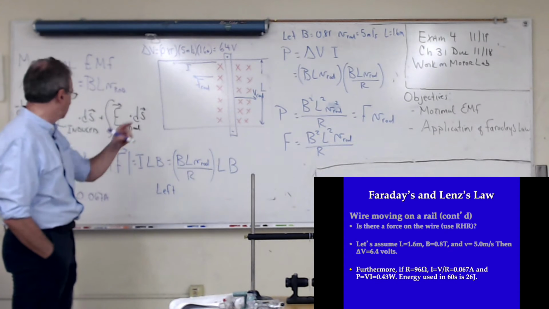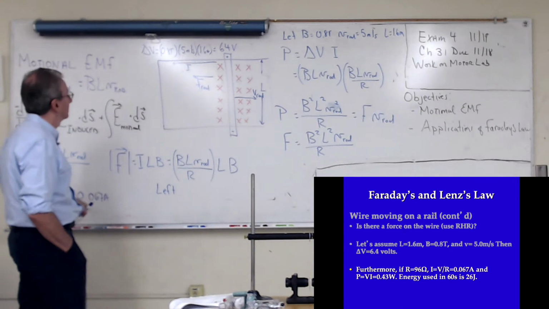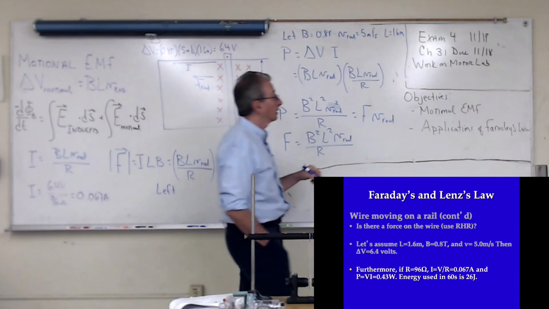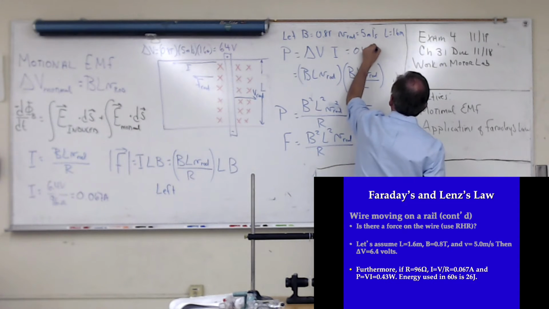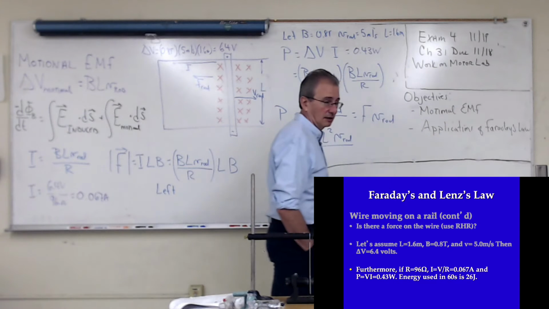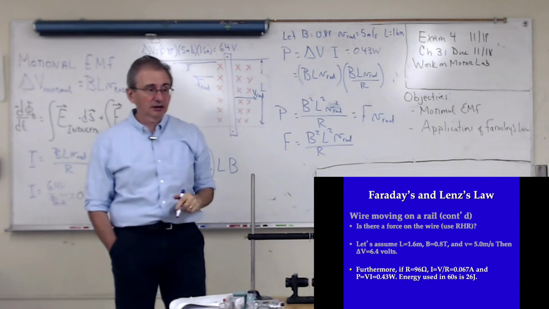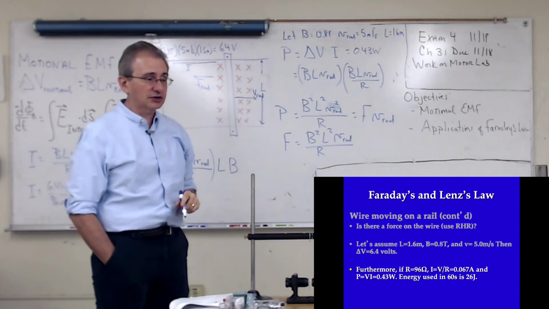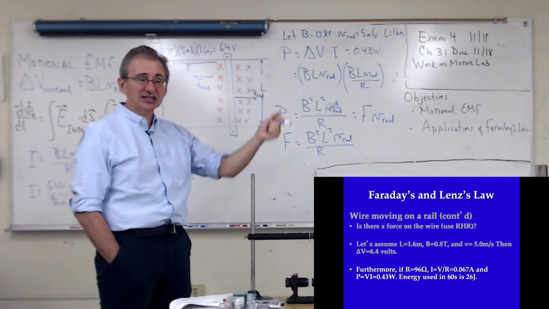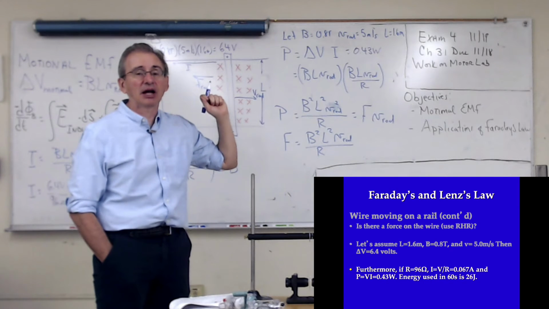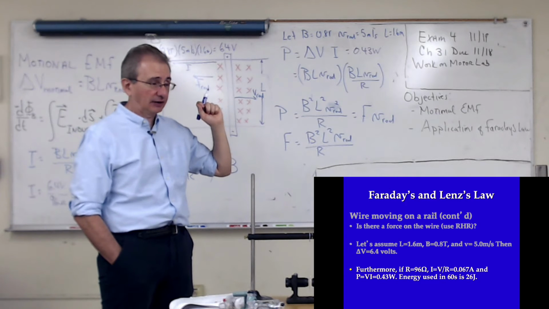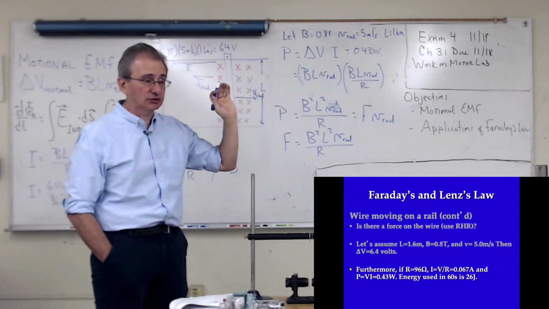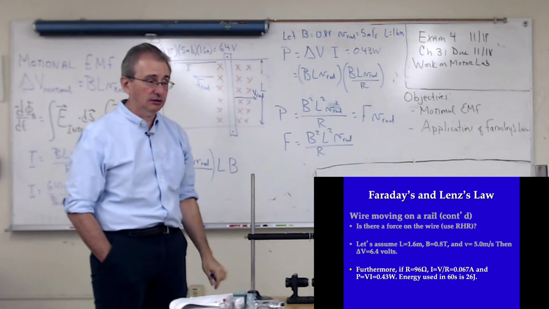And our power, if you multiply this times that, is 0.43 watts. And after a minute, you've used up 26 joules of energy at the expense of the kinetic energy of the rod. So the rod, if I just let it go, is going to lose 26 joules of energy.